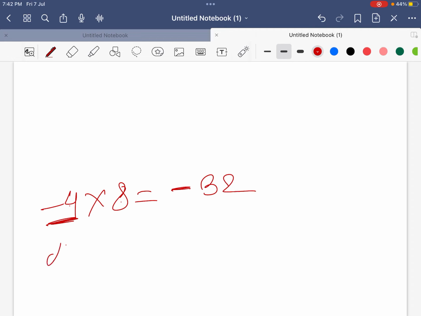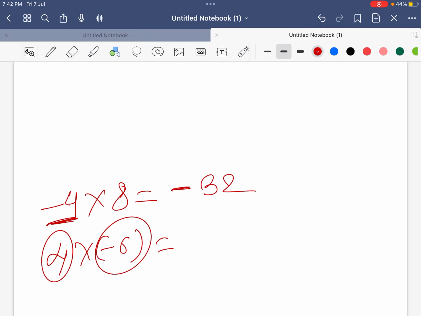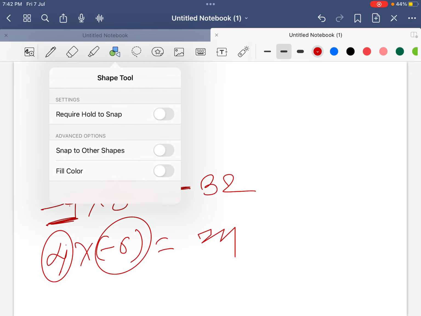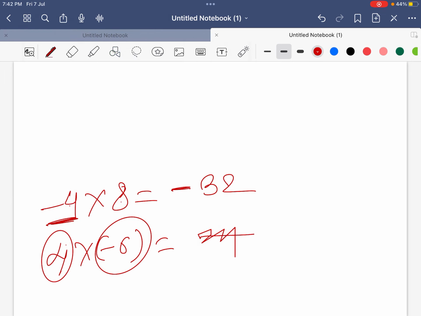Suppose 4 multiplied by minus 6. So here this is a minus sign, and this 4 carries a plus, so 6 fours are 24, and because of this minus sign your answer is minus 24.